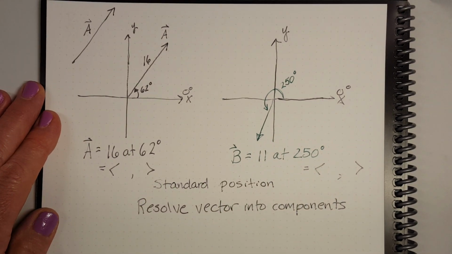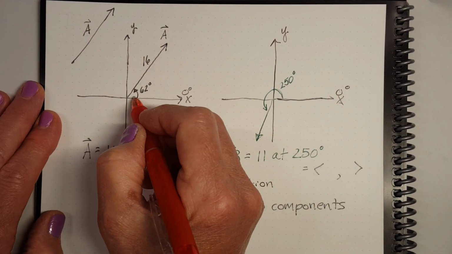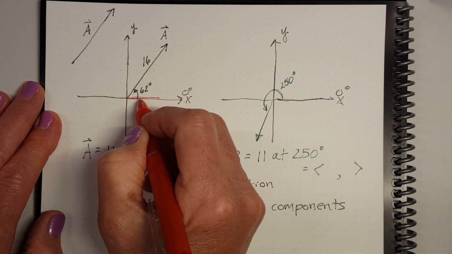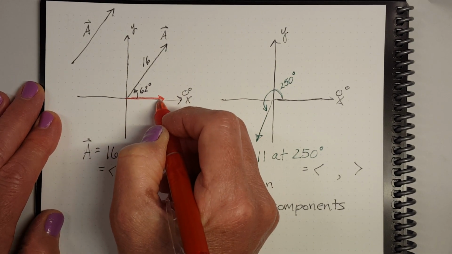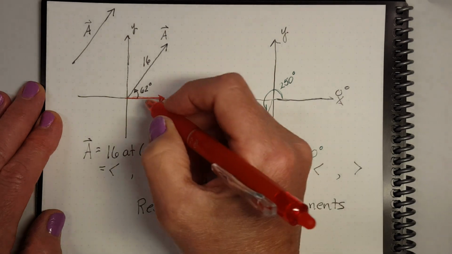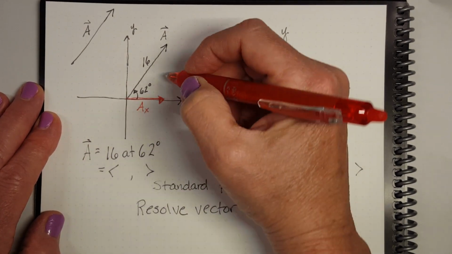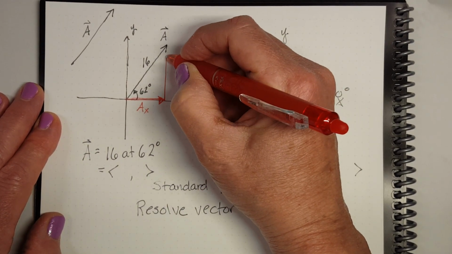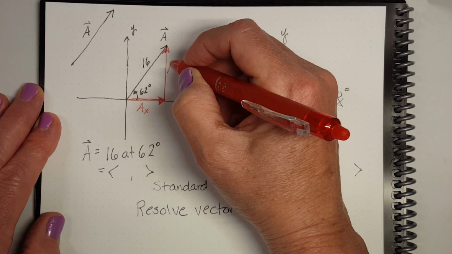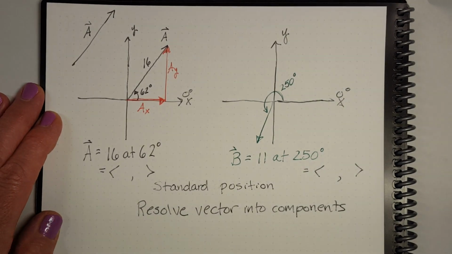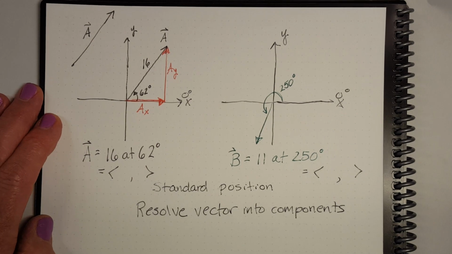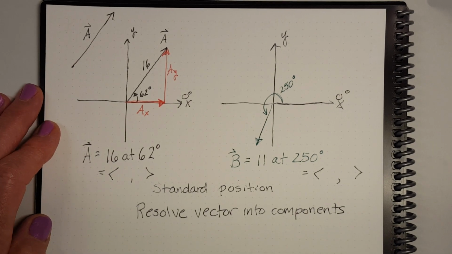The way that we do it is in vector A, we can say that this would be our x vector, so that would be the A sub x. And this would be the A sub y. Those are your two vectors in the x and the y direction because the components are in the x and the y direction.